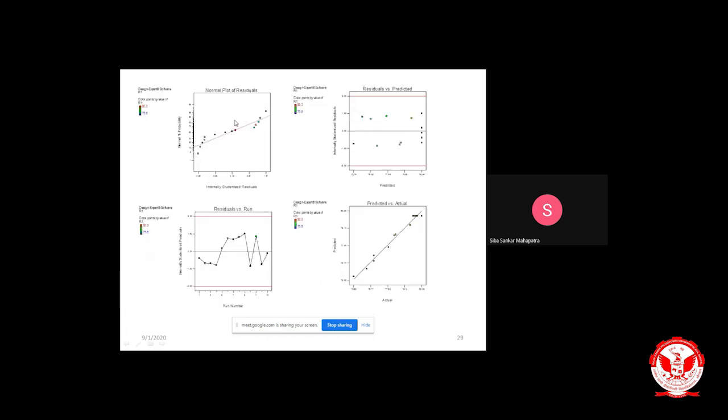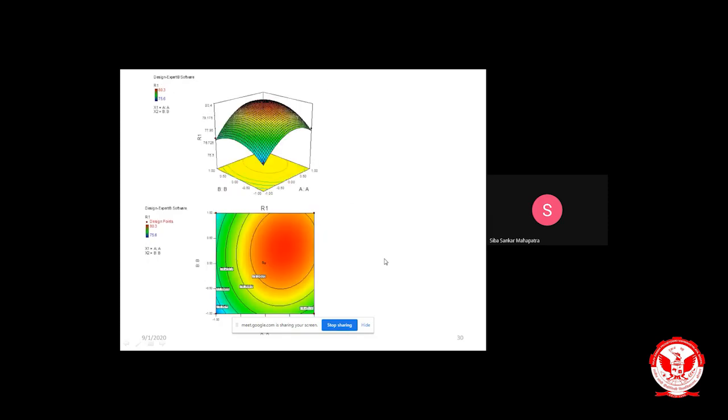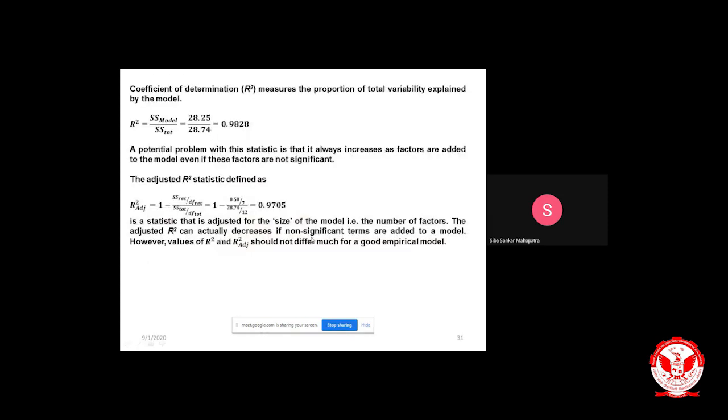Then this normal plot, residual versus predicted. So residual, you see, these graphs also. Now, to check whether the model is correct or not, we have to find out a value called the coefficient of determination, R square value. It is nothing but the sum of squares for the model divided by the sum of squares for the total.